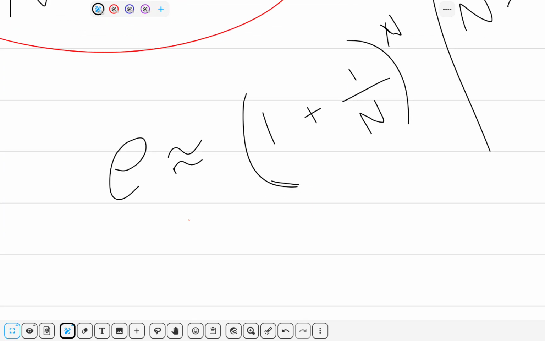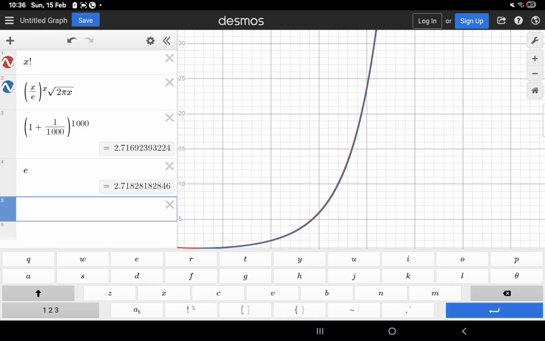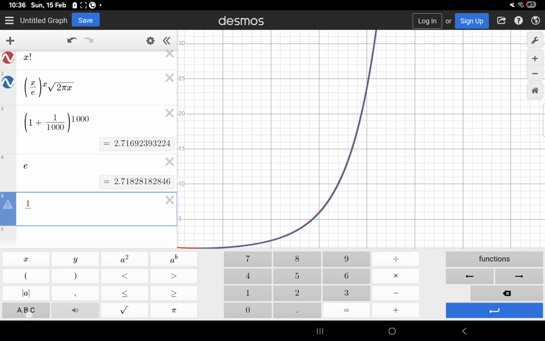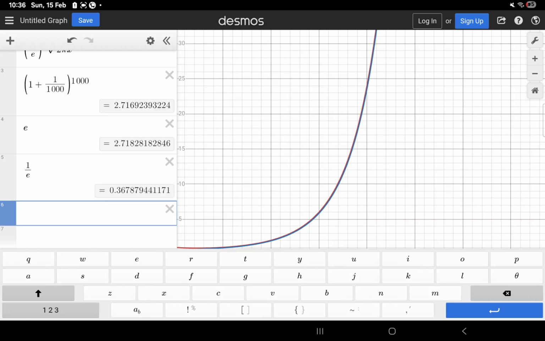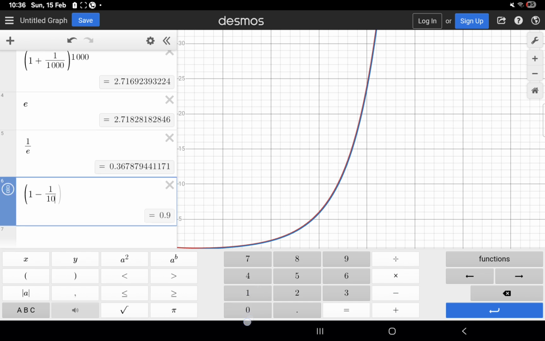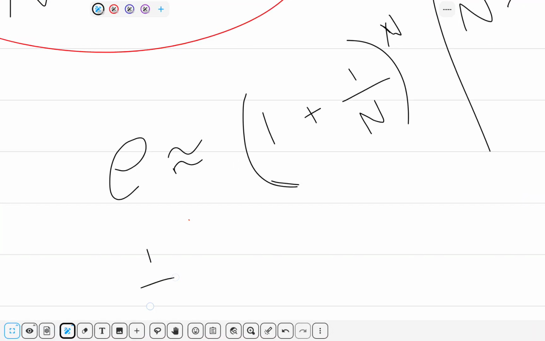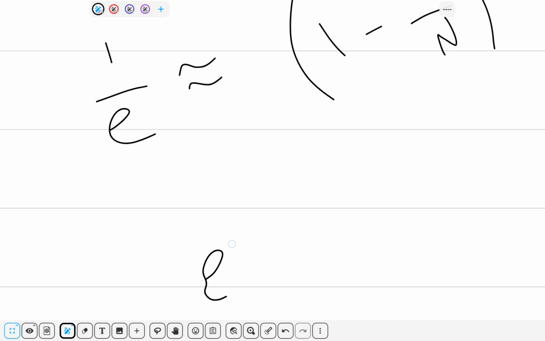So what is it for 1 by e? I think for 1 by e I did it right. So 1 by e must be replacing it with a minus sign. Let me check: 1 minus 1 by 1000, to the power 1000. Yeah, looks pretty good enough. So what would it be for e power any x?